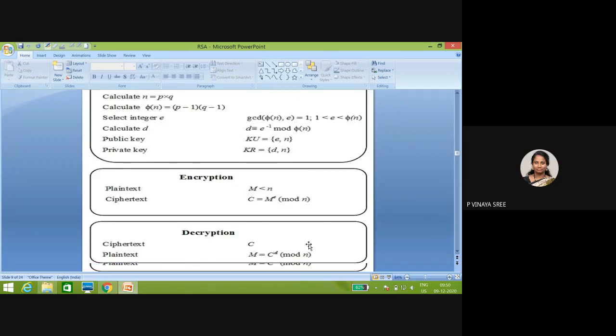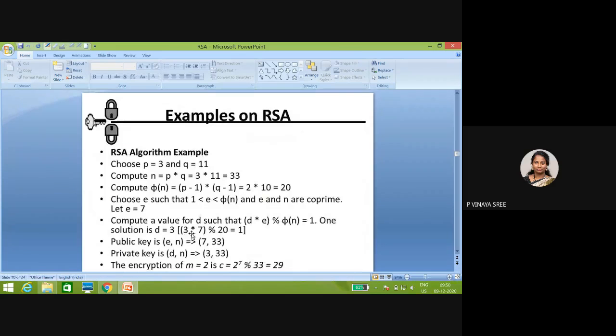But now the problem here is, for calculating d, this is not the right solution. Again, for calculating d, internally it uses the Euclidean extended algorithm. So how do we calculate this d value? I will explain in the next class.